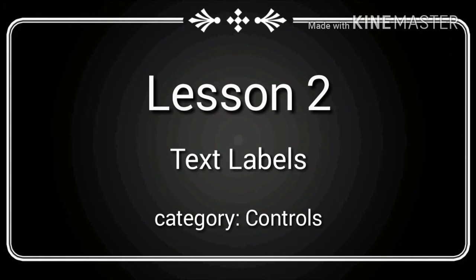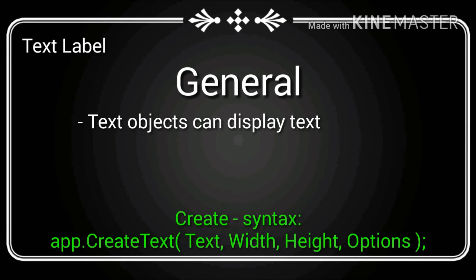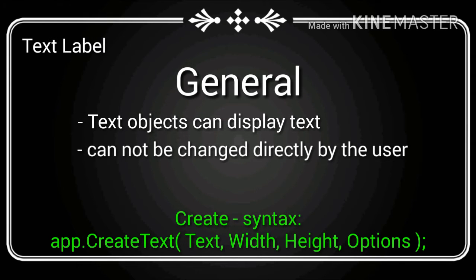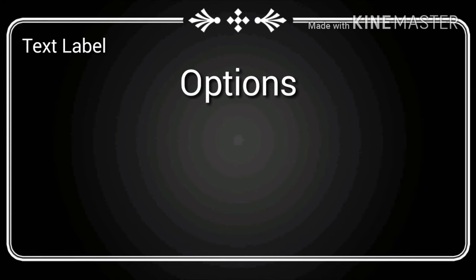Lesson 2. Text objects. Category controls. General. With text objects you can display text on your screen, and they cannot be changed directly by the user. That's why they are often used to display descriptions, results, or other values on the screen. Options. The autoscale option just does what it says.